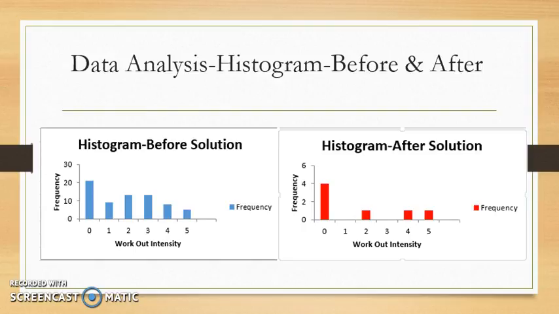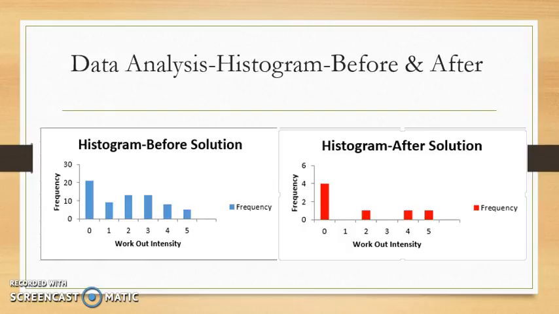But then you look over at the after solution, and it honestly doesn't look that much better. You have a higher frequency of zeros again, and then a few scattered around here for that 2 to 5 range.